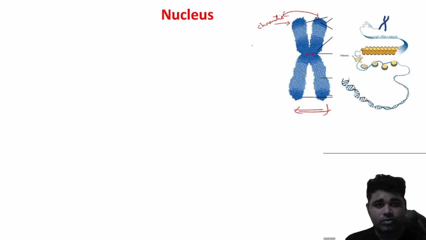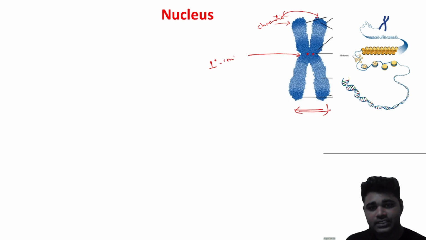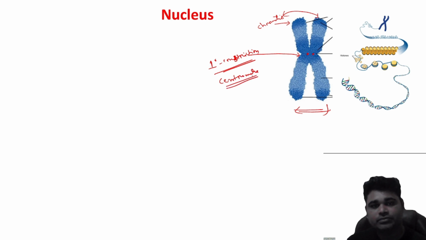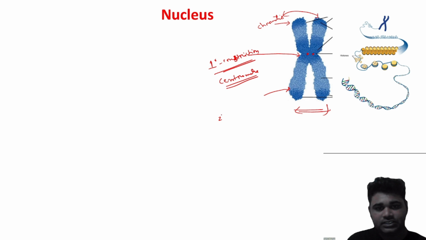look at the structure of the chromosome, and here one constriction is present, or this is called the primary constriction, and this primary constriction is called the centromere. Okay, so another constriction is also present here, and this is called the secondary constriction, or it can be called the satellite.